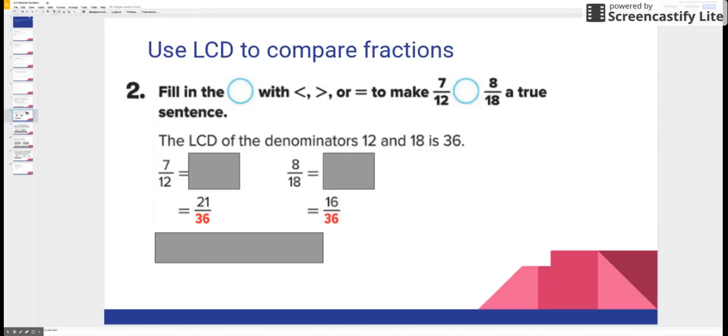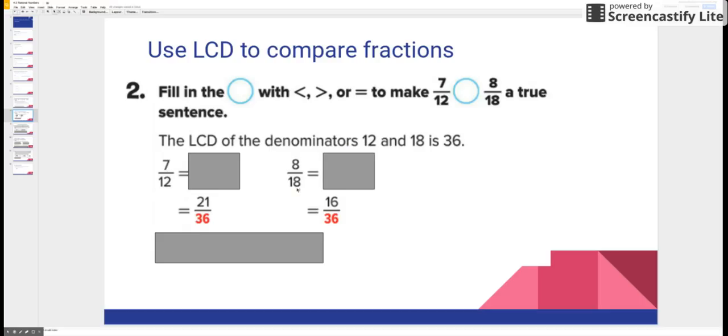Another way you can compare fractions is to use the LCD to compare. LCD, if you remember, is least common denominator. So we are comparing here 7/12 and 8/18. So 12 and 18.